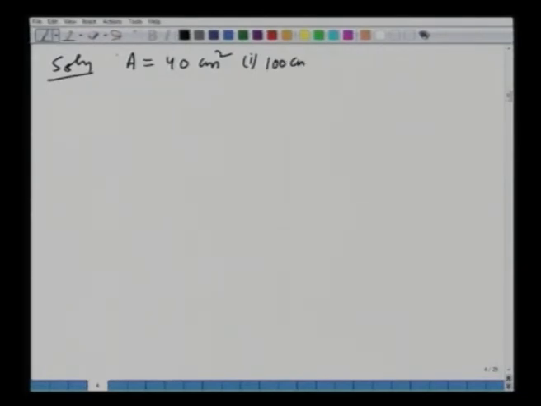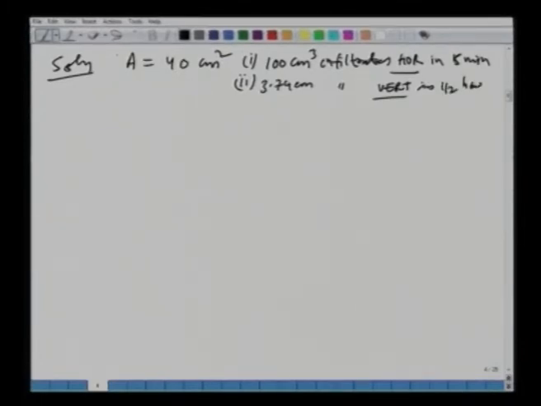First one is that 100 centimeter cube of water infiltrates for the horizontal case in 15 minutes. For the second case, 3.74 centimeter of water infiltrates for the vertical case, and that happens in half an hour.